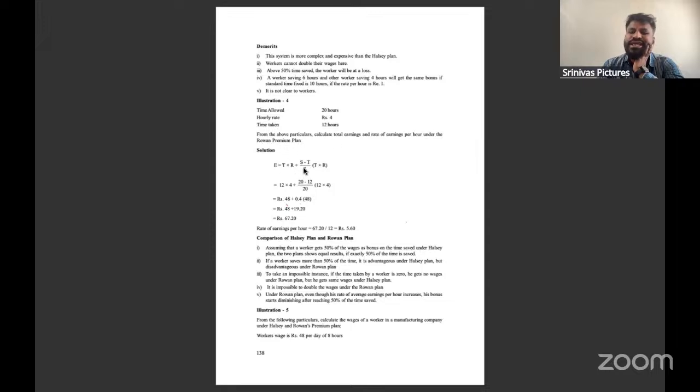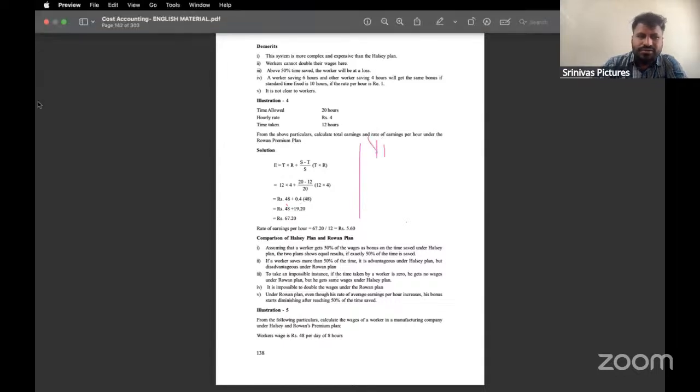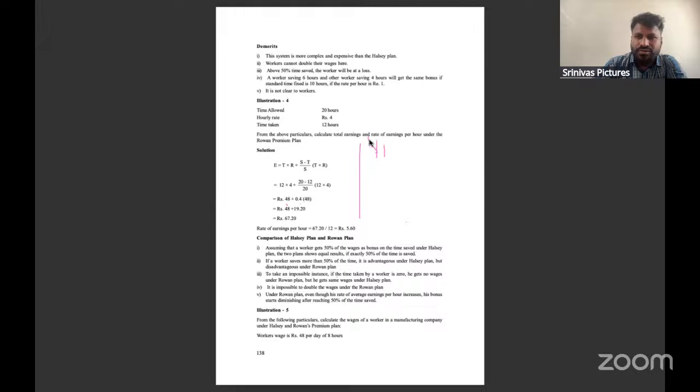In row one, we taken total standard time to calculate the incentives. But when you're coming to the calculation of wholesale, this is all the same.